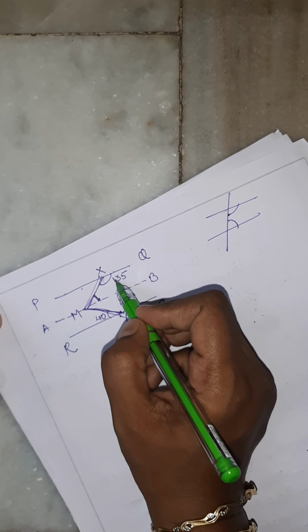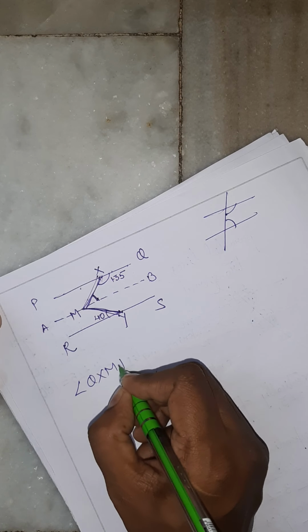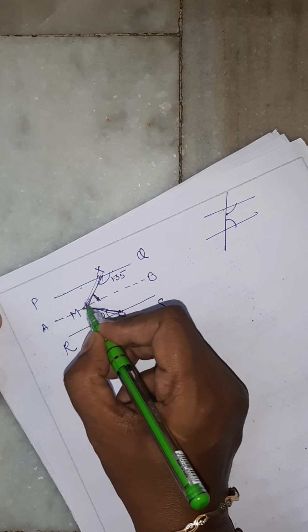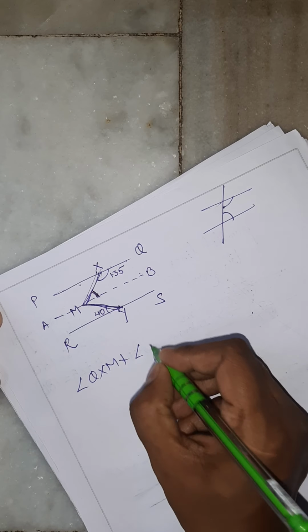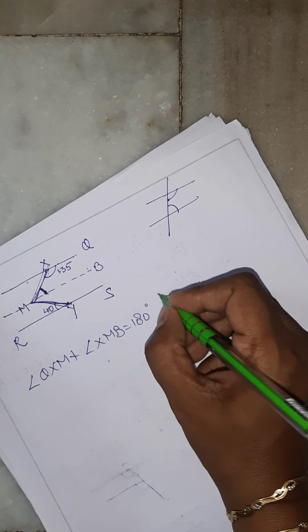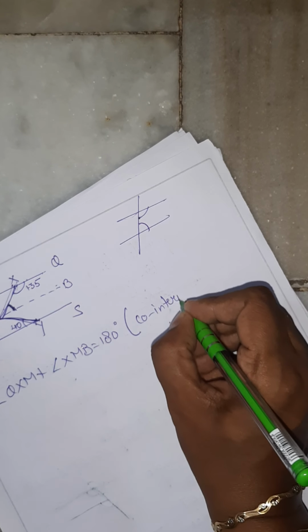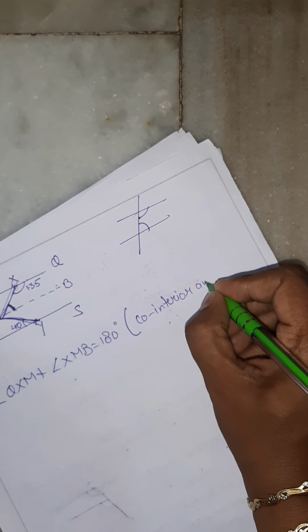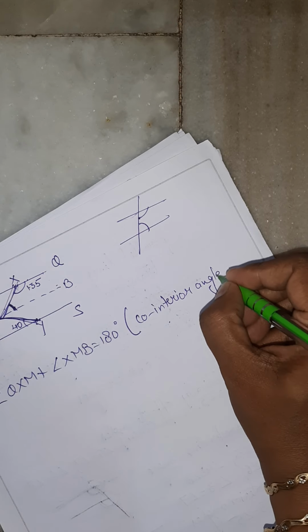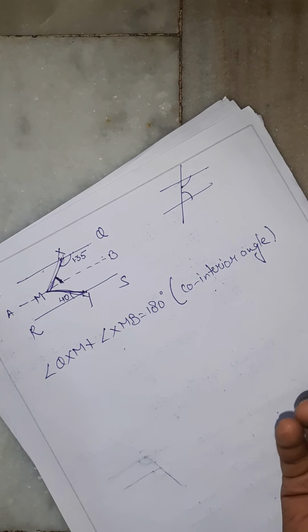So can we say this angle as QXM? This way, QXM plus, and what is the name of this angle? XMB. Angle XMB is equal to 180. And don't forget to give the reason. What is the reason for this? We can write co-interior angles, or you can also write consecutive interior angles on the same side of transversal.